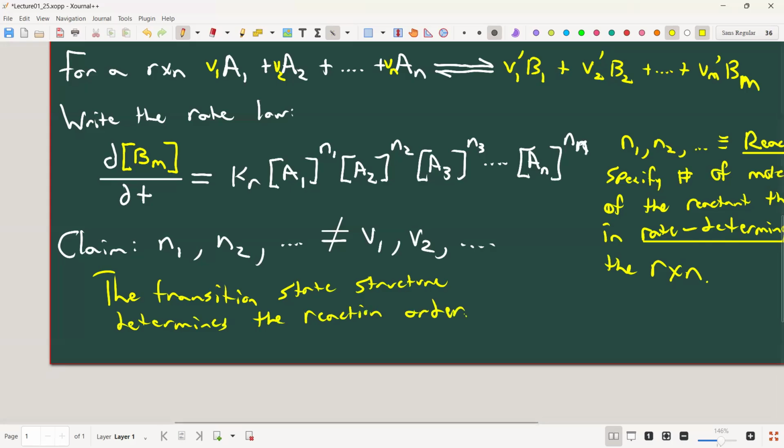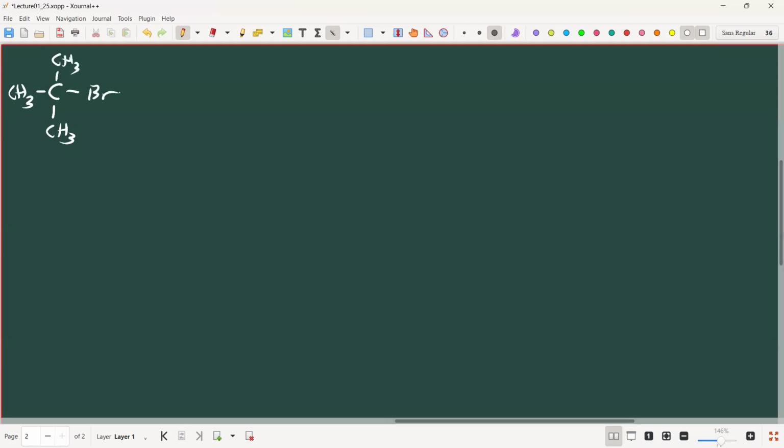Let me give you an example of this. It's okay if I go to the next page, because so far, yell at me if you want me to go back. So let's go back to our SN1 reaction. A molecule that readily undergoes SN1 is t-butyl bromide.